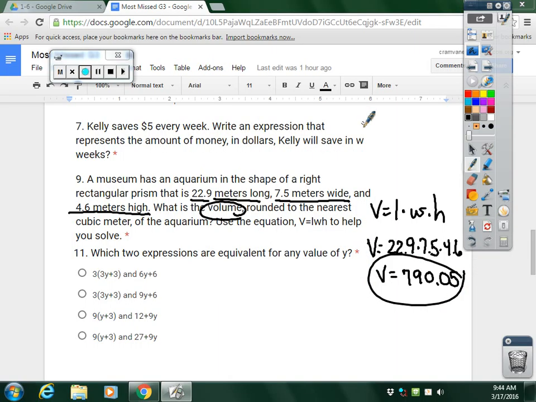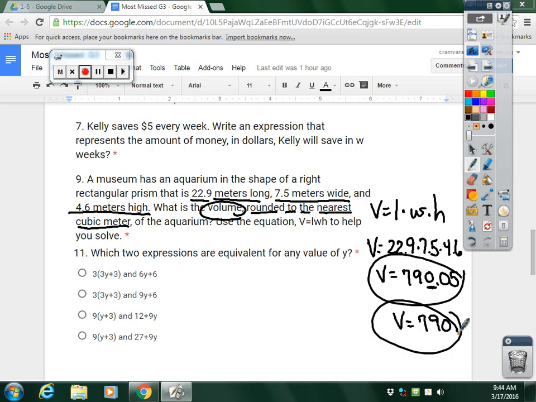And Mossy Bruno was very brave this morning to tell me that I was wrong. They didn't read directions. Rounded to the nearest cubic meter. That would be right here. The volume should be 790. Okay, if you got that wrong because of me, I'm sorry. Okay? Even I make mistakes.